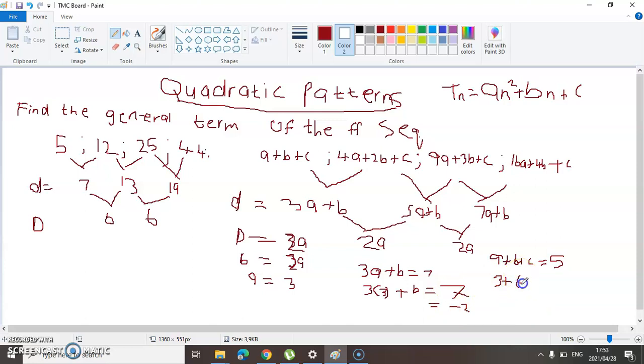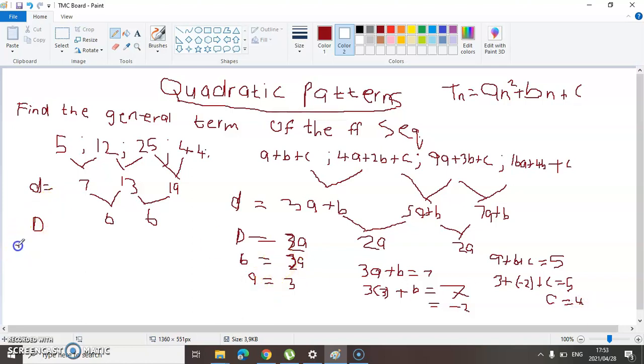So minus 2, and then plus C, and all of this is equal to 5. So 3 minus 2 is 1. And then when you take this 1 to the other side, your C is equal to 5 minus 1, and that is going to be equal to 4.